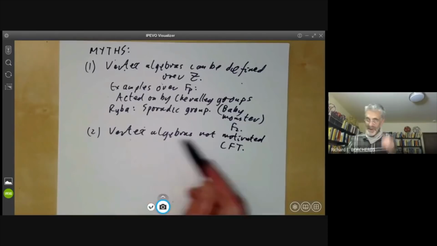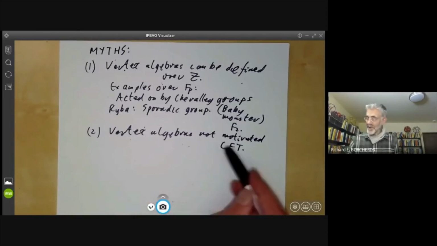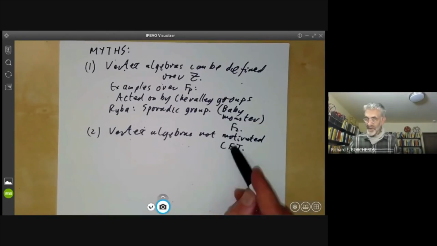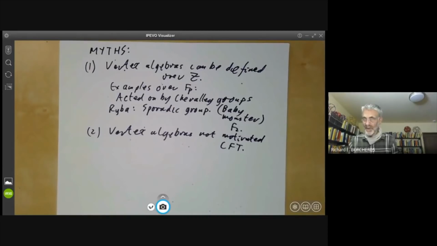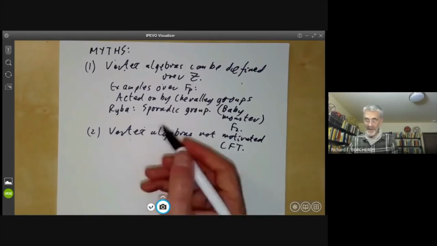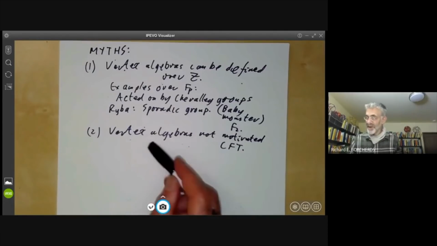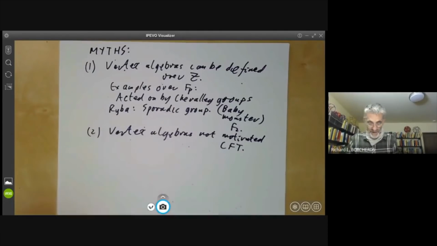They did turn out shortly afterwards to be connected with conformal field theory, but that was noticed by other people, not by me. They weren't really motivated by the monster either, at least as far as I was concerned. Again, shortly afterwards, it turned out they were related to the monster, but the original motivation was not the monster, but the Lie algebra of the Leech lattice.